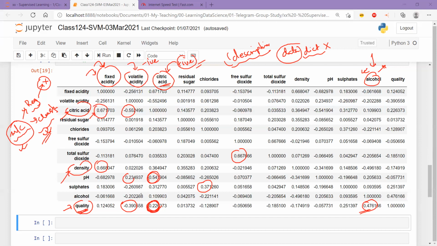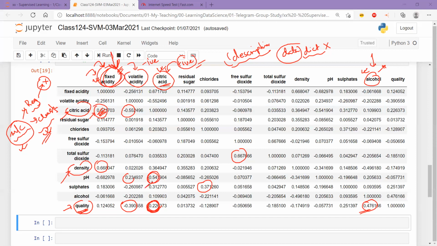In that case, rather than dropping citric acid, I can look at the feature that is related to it, fixed acidity. So I can drop this feature, fixed acidity, from my data, because these two are intercorrelated with each other. Anything else which is as high as this?